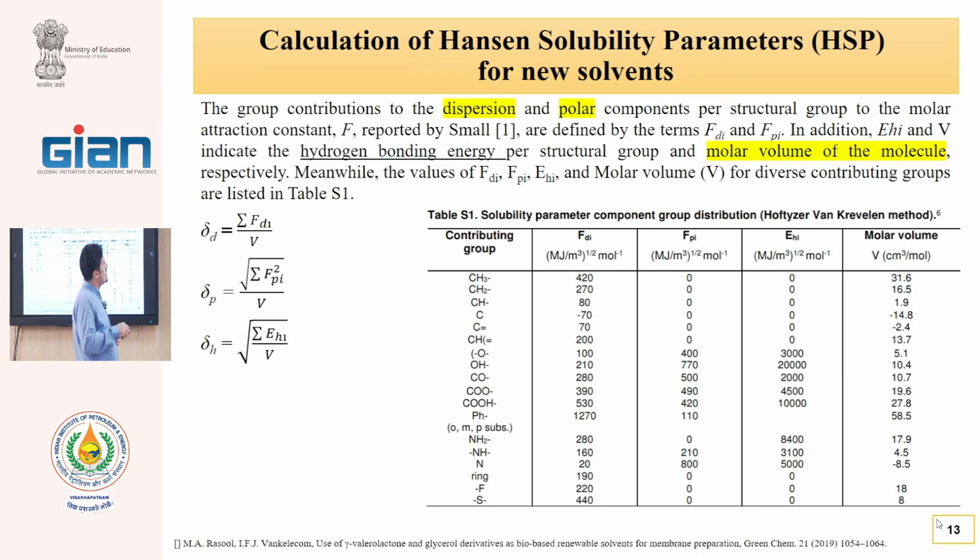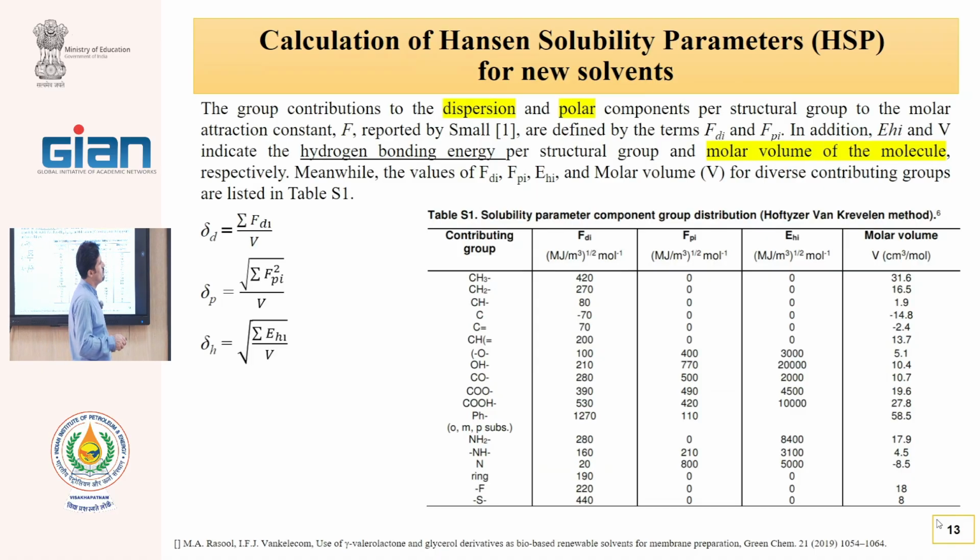You see, for example, in this FD1, based on the structure, we draw the structure of a solvent, and based on the structure, we can calculate these amounts and then use them in the Hansen solubility parameters. Every functional group has a specific amount, and using this amount in these equations, we can calculate the Hansen solubility parameter.